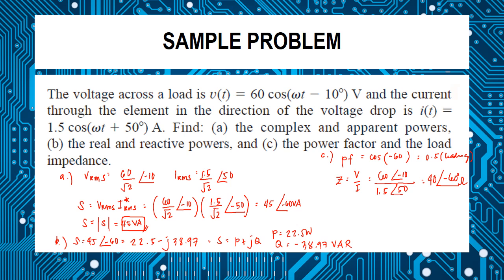For the impedance, simply by Ohm's law, Z is equal to V over I. Voltage is 60 angle negative 10 over current 1.5 angle positive 50, which gives 40 angle negative 60 degrees, the same angle as the power factor angle. You can also express the impedance in rectangular form, so it's up to you.